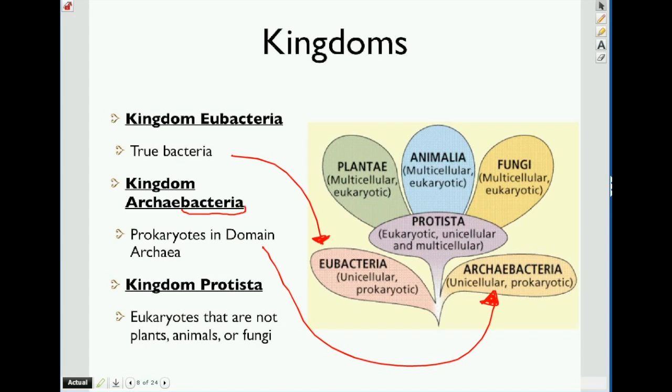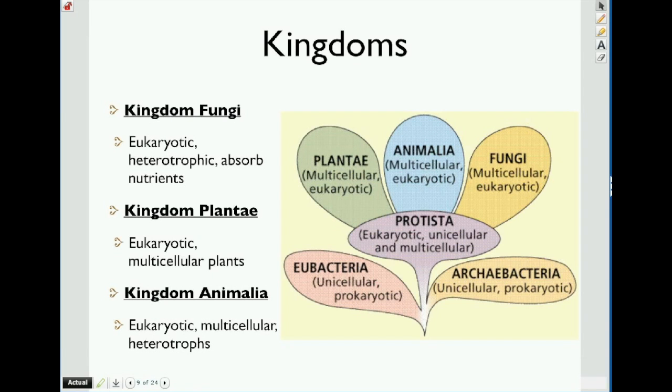And then we have kingdom Protista, and these are basically like a catch-all group, and most of these groups show evolutionary relatedness, and they've used DNA to show that they're related. But Protista is like this weird kingdom that just has a bunch of things that they didn't know where else to put. So that's basically what that is.